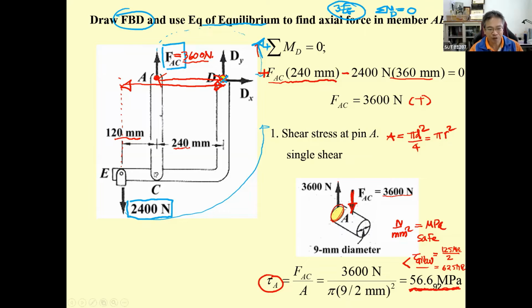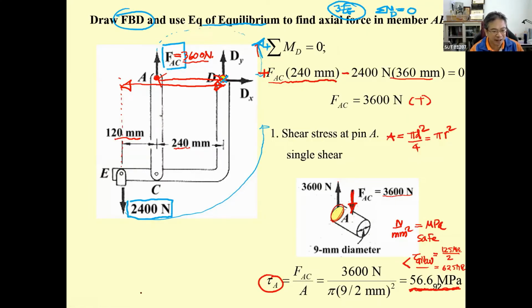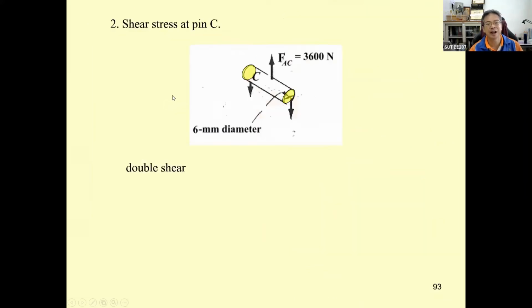Next, we come to the pin C. The pin C is here. On this one, the pin C is subjected to double shear. And then the 3,600 Newton will be received by the shear stress on these two sides.